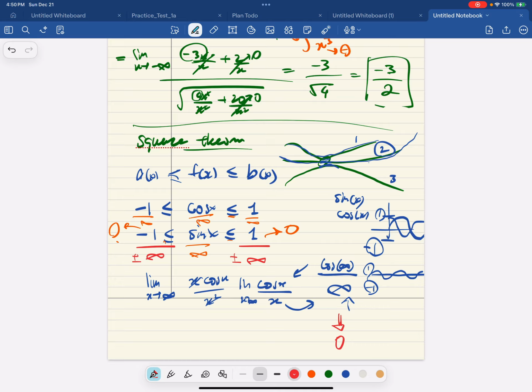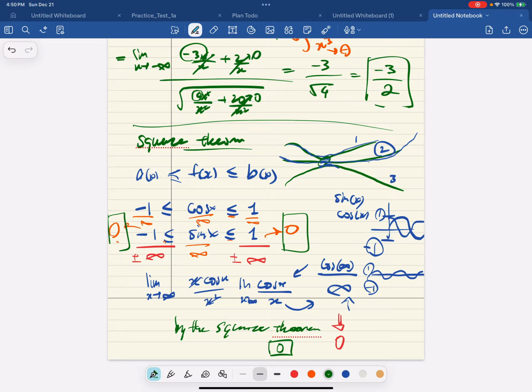If something is in between 0 and 0, what is that something? It has to be smaller than 0 but bigger than 0. That's 0. So by the squeeze theorem, as x approaches infinity, the answer is 0.